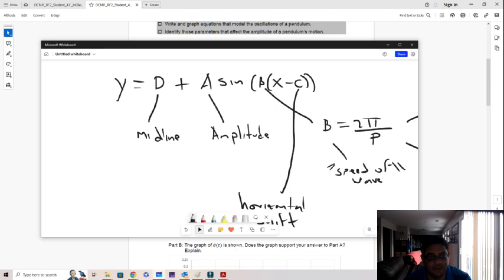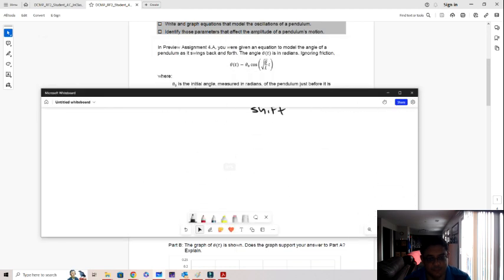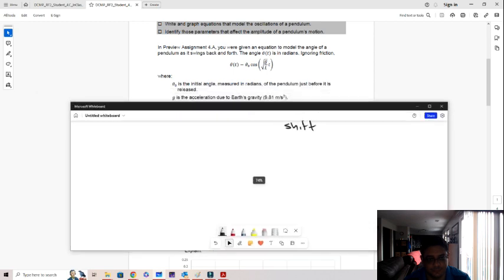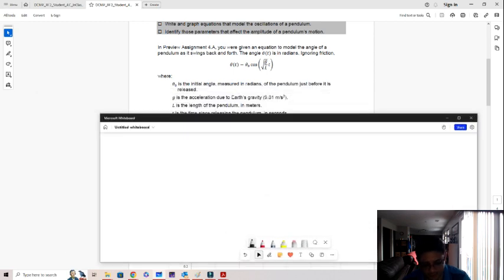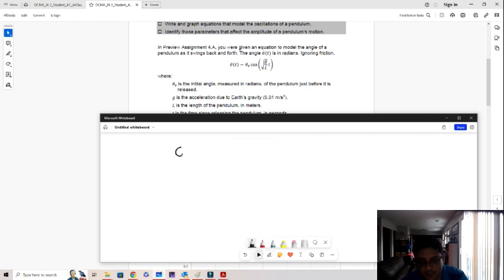So theta of t is theta 0 cosine of square root of g over L times t.